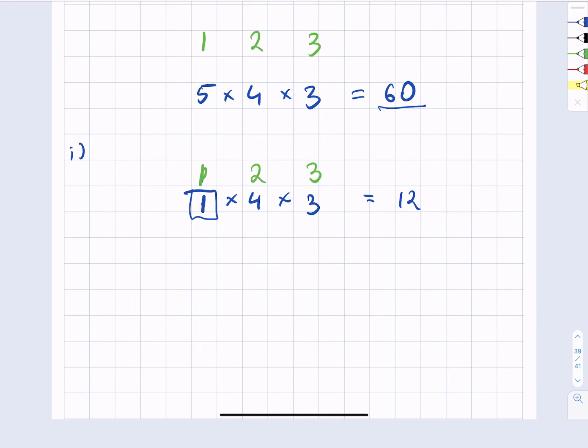Okay, so for the second example, I have again the numbers 1, 2, 3, 4, and 5. And I'm looking for numbers that are greater than 400.